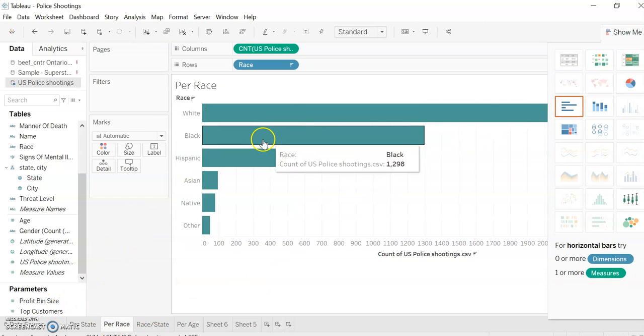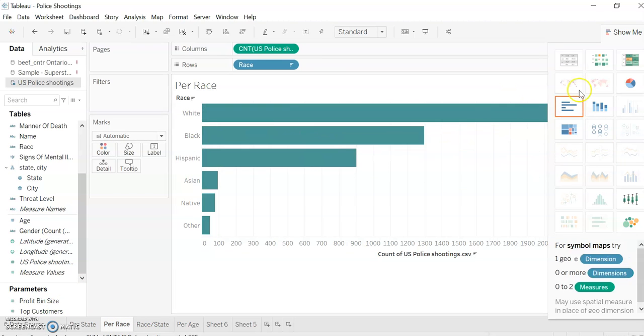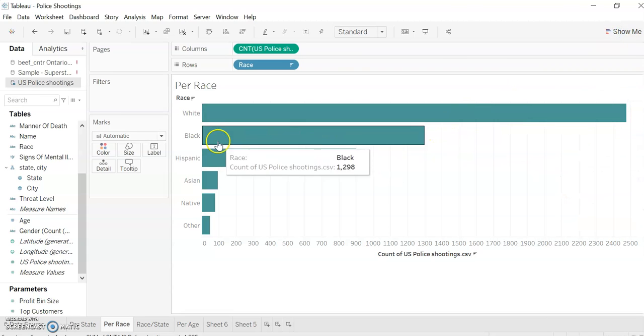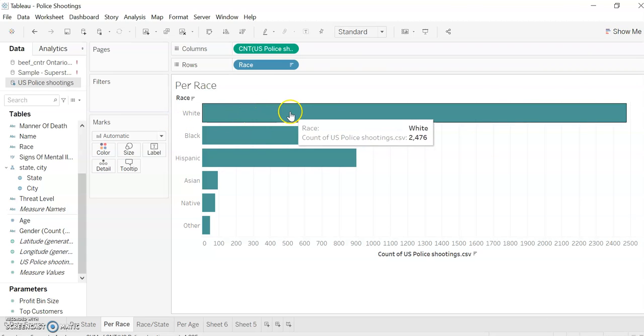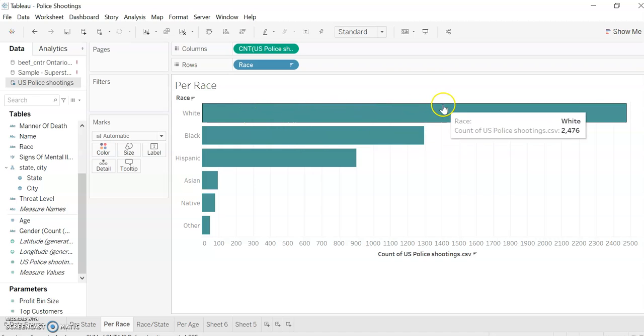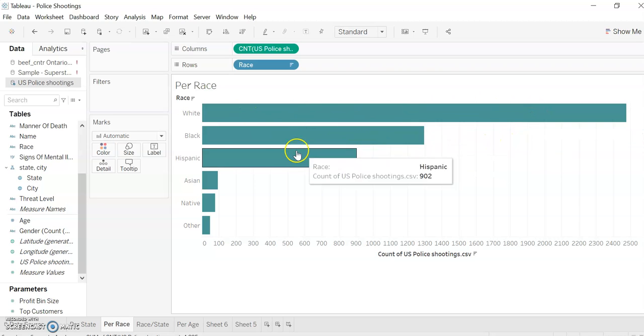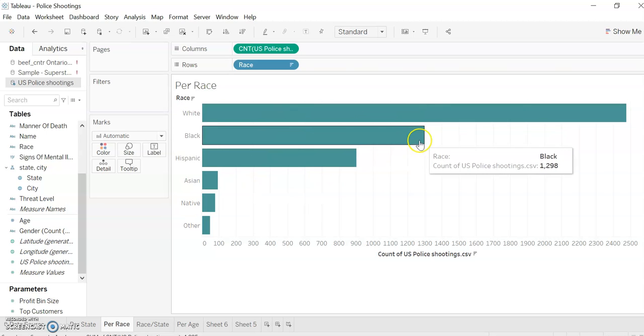Then for race, I was able to use a graph again to demonstrate the race. White people, in terms of absolute numbers, were more affected. But when you look at that against the population of black and white, you realize that the black people were disproportionately more affected.